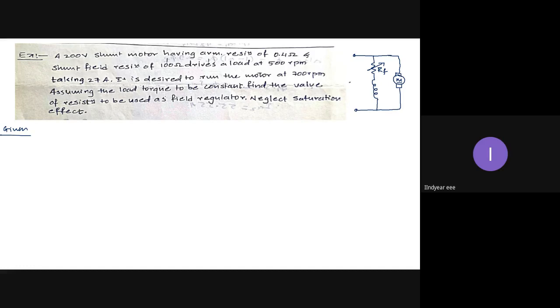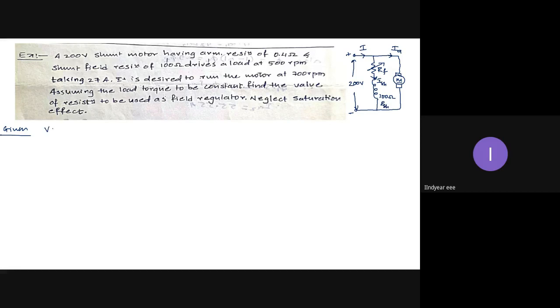The applied voltage is 200 volts. This be I, IA and ISH. The shunt field resistance is 100 ohms. RSH is 100 ohms.